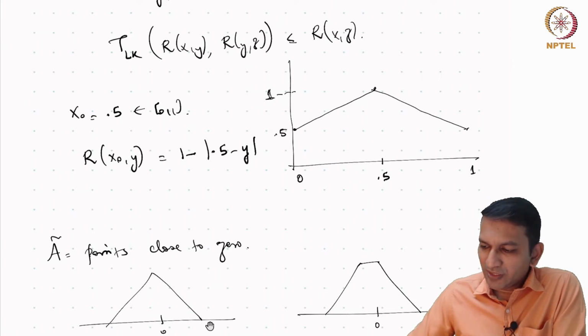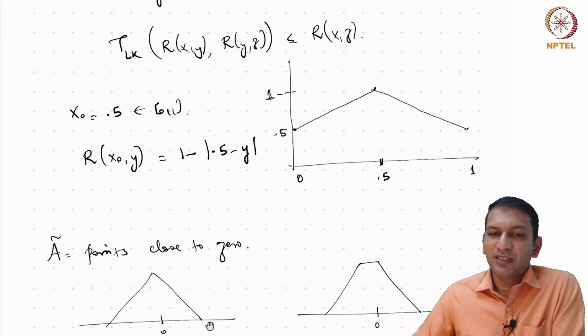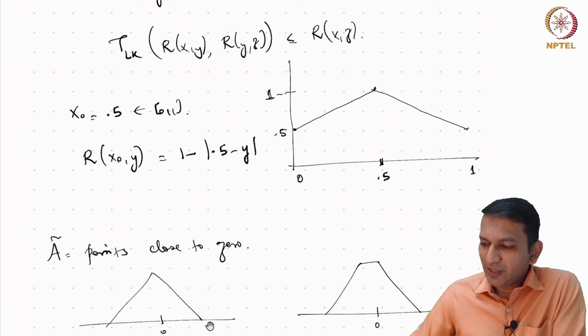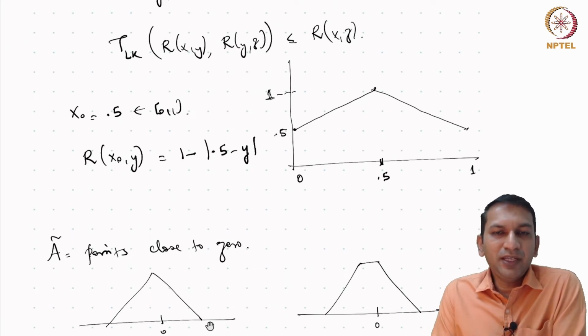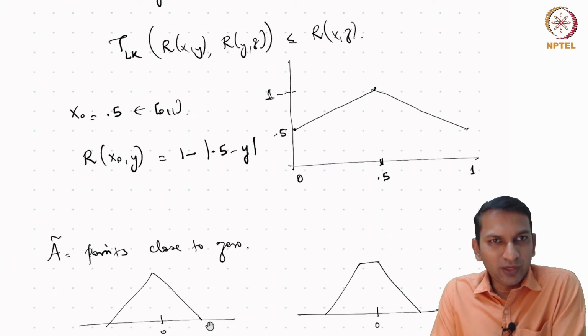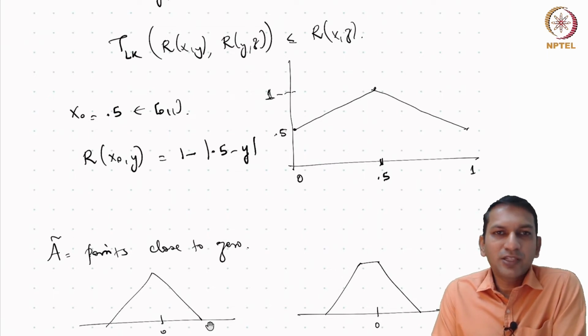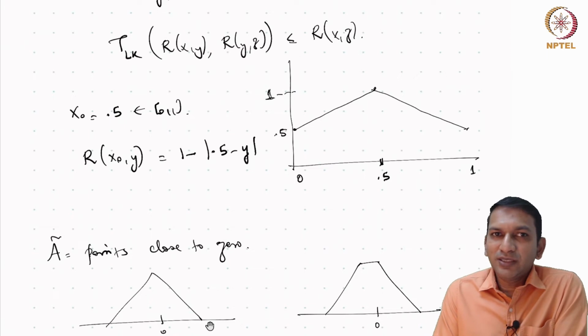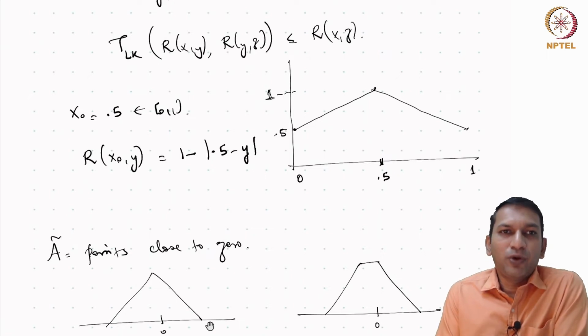Now what this represents is in some sense similarity. At 0.5, if you move away from 0.5 on either side, the membership, the similarity of those points to 0.5, starts to dip. So you could look at this as expressing how similar or how close a point y is to 0.5.